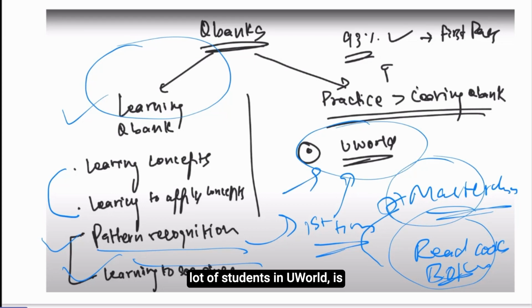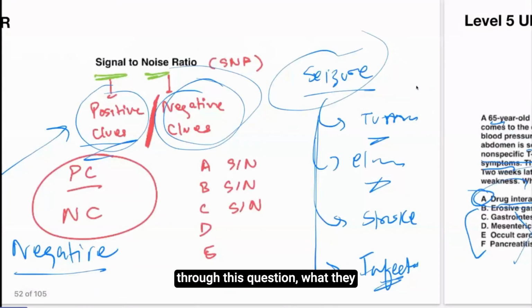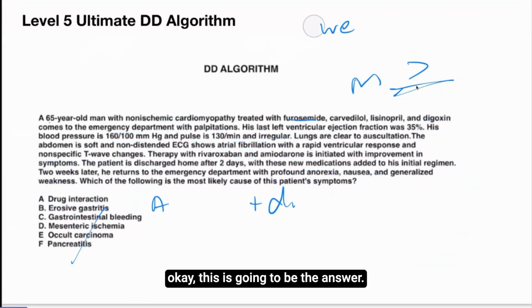That's what happens with a lot of students in UWorld: they start prematurely, and because they start prematurely, they screw everything up. And when they screw everything up, they do a second pass. When you do a second pass, there is no point. Because what they have is a basic understanding of, okay, this is going to be the answer.